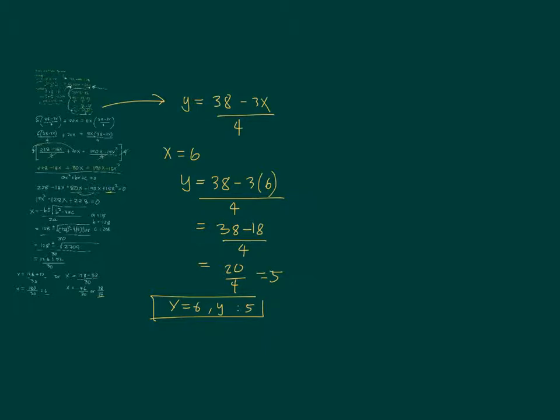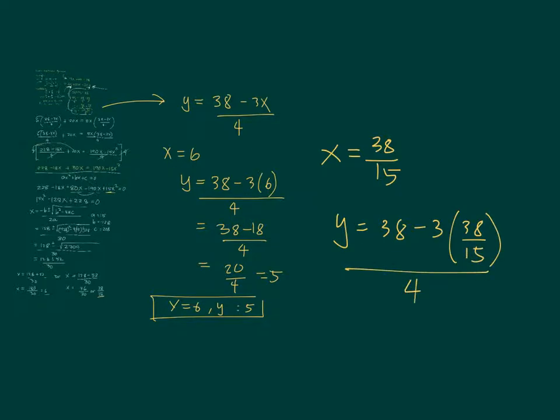So this time, if x is equal to 38 over 15, we plug in, so y is equal to 38 minus 3 times 38 over 15, all over 4. So this is 38 minus 38 over 5, and then over 4.